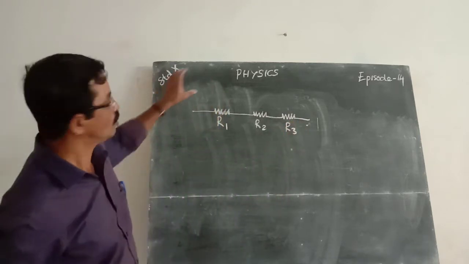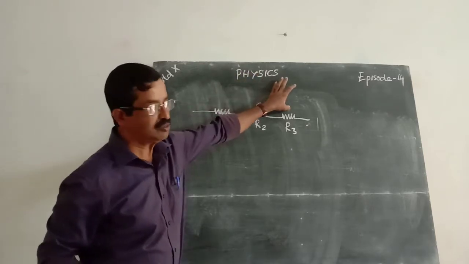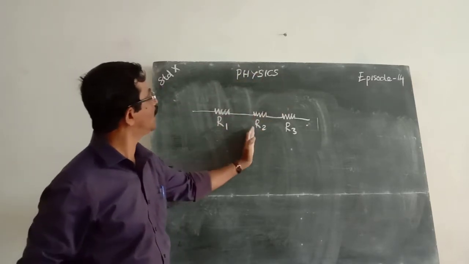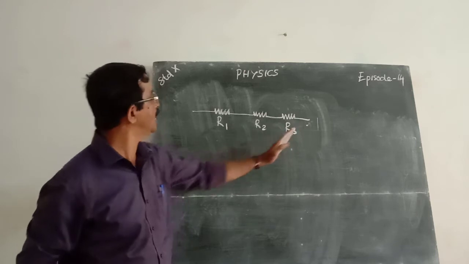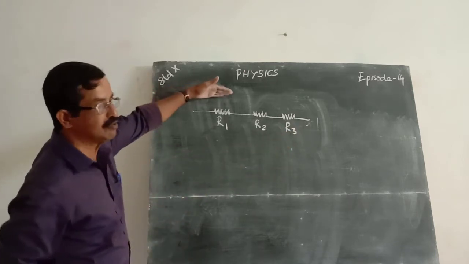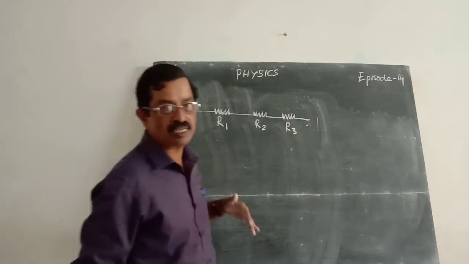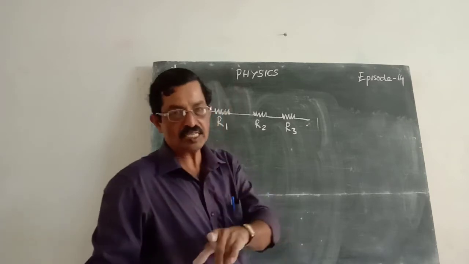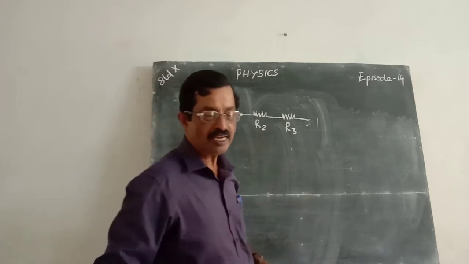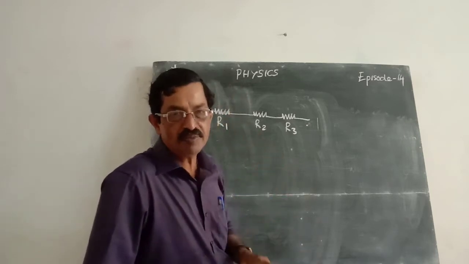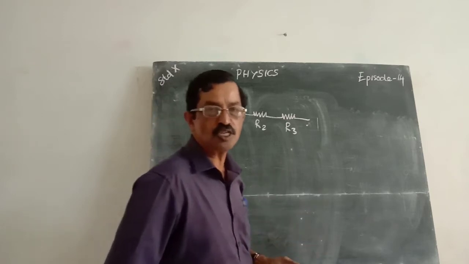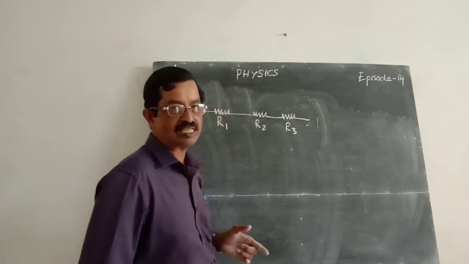Instead of 1 ohm, 2 ohm, 3 ohm, we took it as R1, R2, R3. And one thing we got is that current through all the resistors, or anywhere in the circuit, is same, even though we change the position of the ammeter.